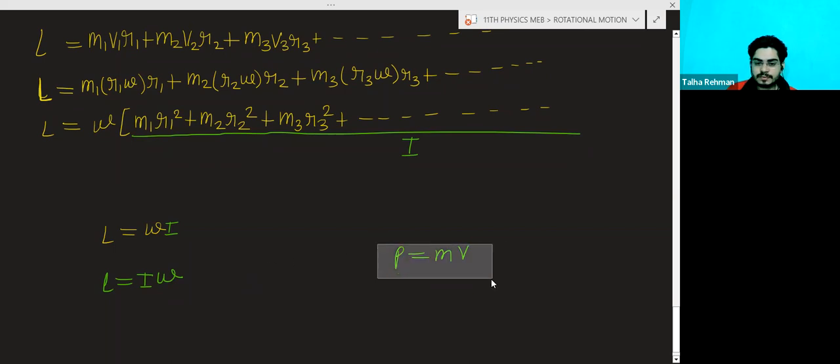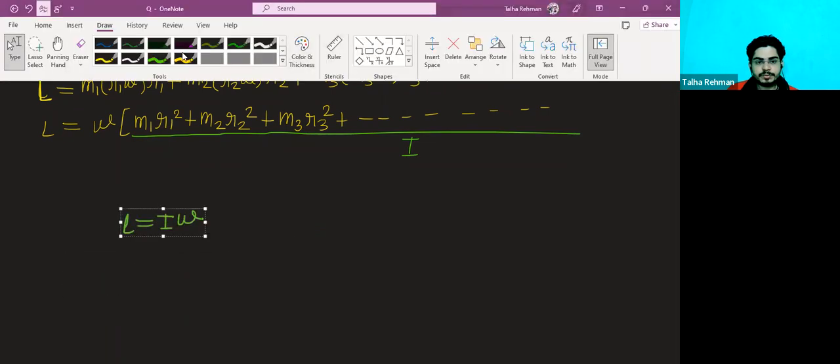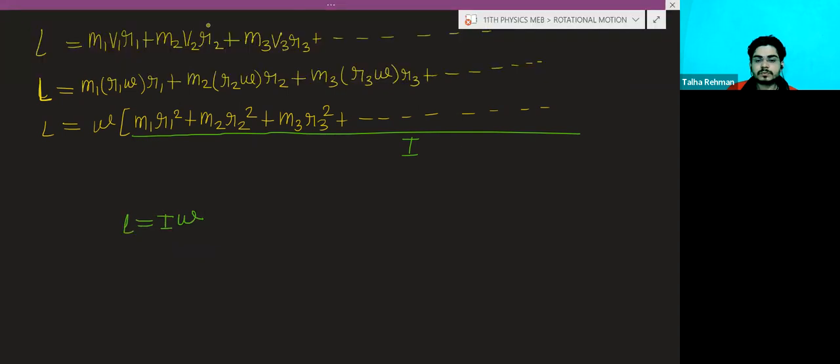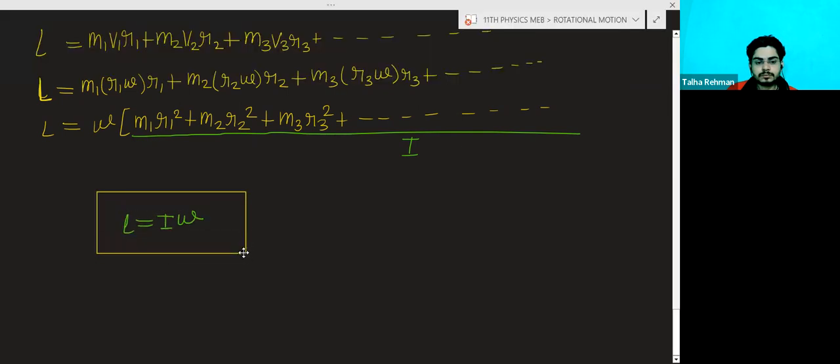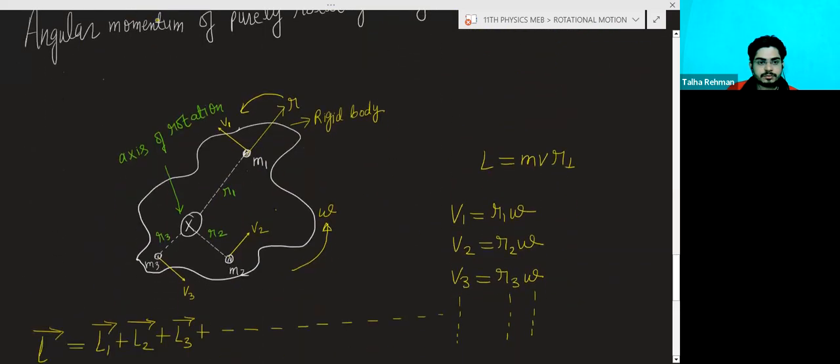So there is an analogy between the two. Finally, you will get this formula L is equal to I into omega. Okay, so write down this.